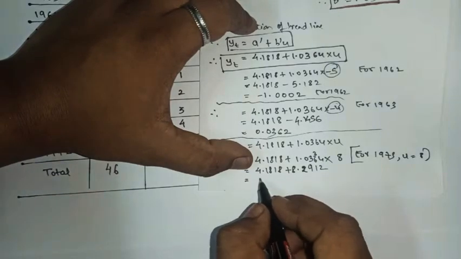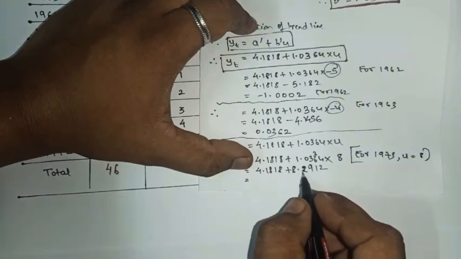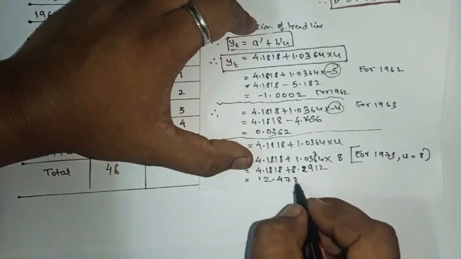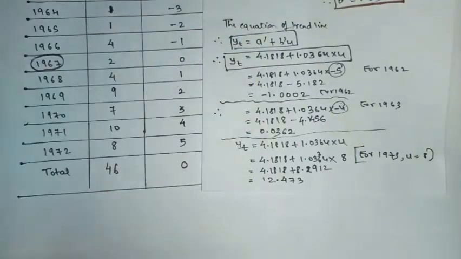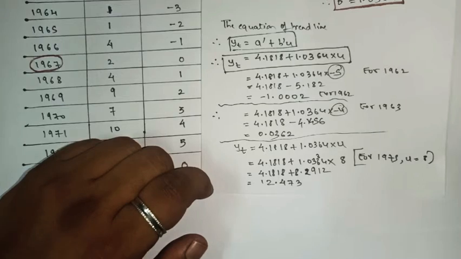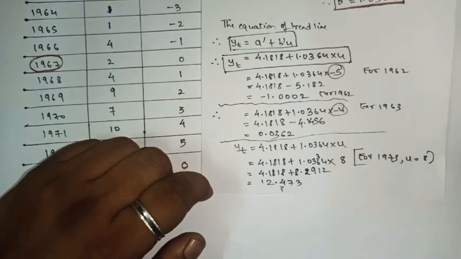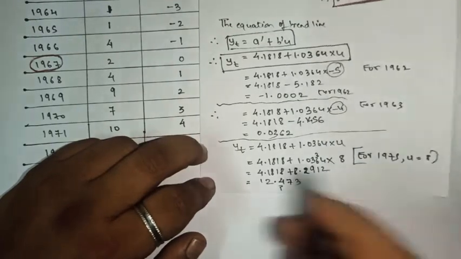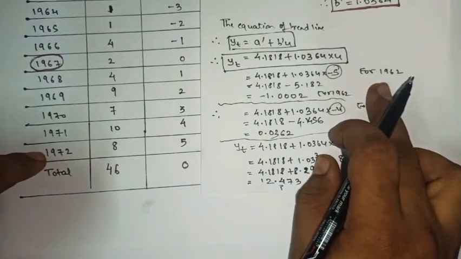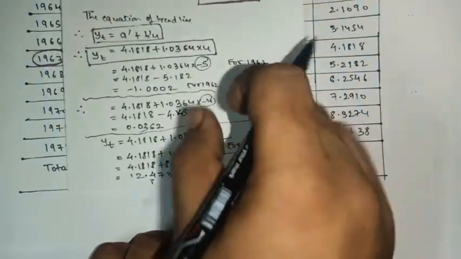So here you will get the answer 12.4730. Okay, so here we got the answer because 8 plus 2 will be 0. So here we got the answer, that is 12.473.